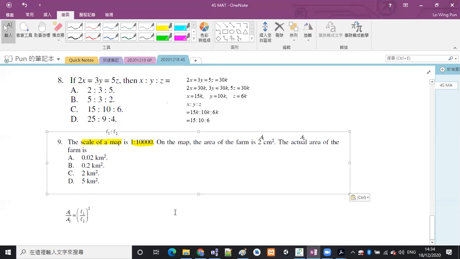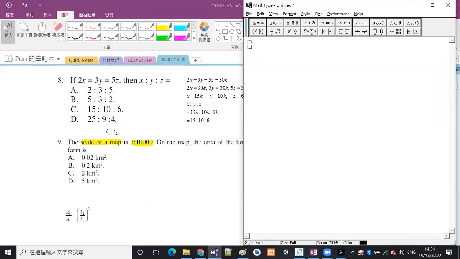It's okay. So now, if we just use this, A1 over A2 is equal to bracket L1 over L2 square. Then our A1 is 2 cm square, and A2 is unknown. That is what we want to find.